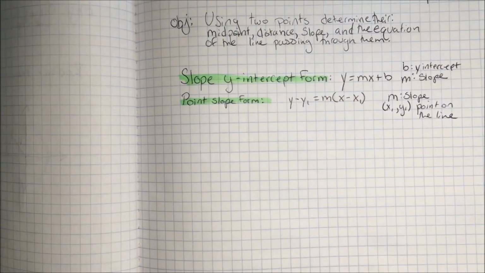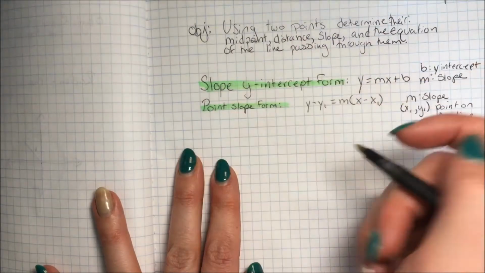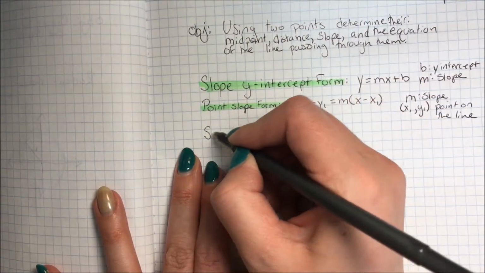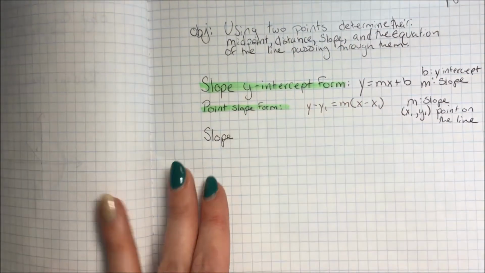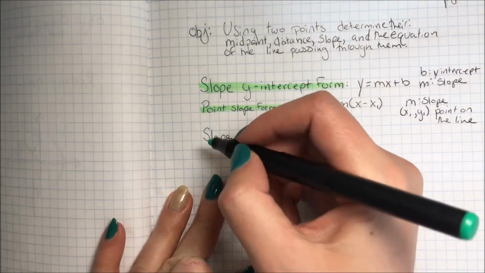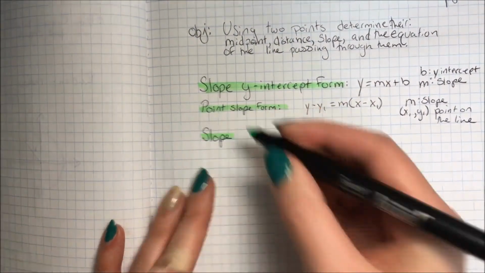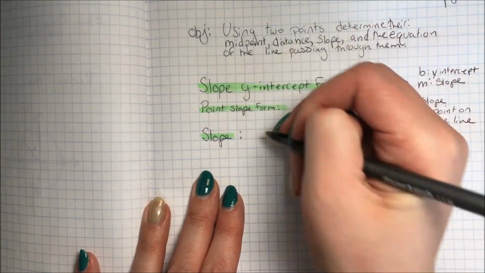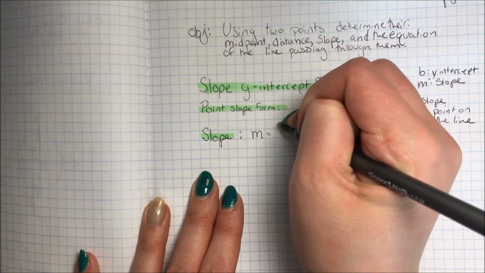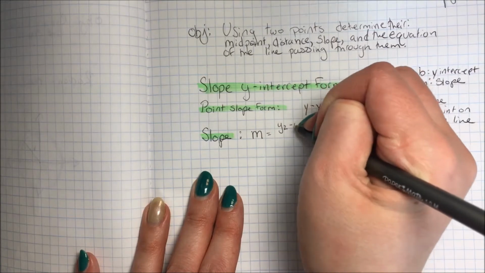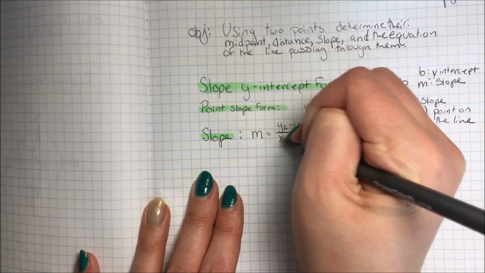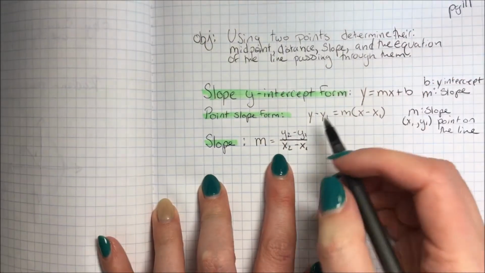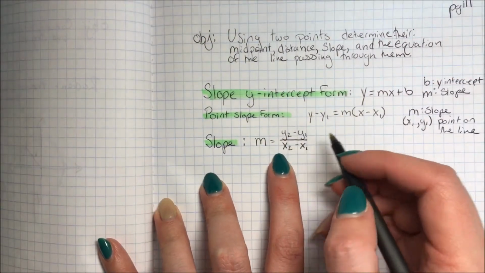Okay. The last thing that I need you to know about lines or 2 points on this topic is the formula for slope. And what slope is, it's the change in y over the change in x. So y2 minus y1 over x2 minus x1. And again, these are subscripts, they're not exponents.